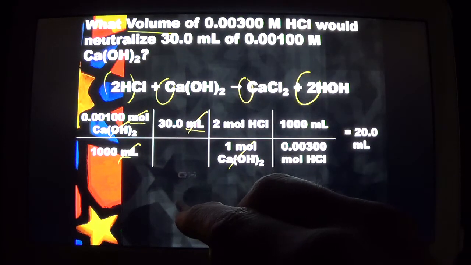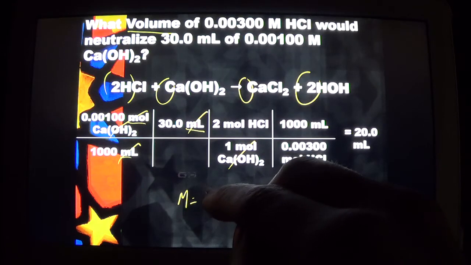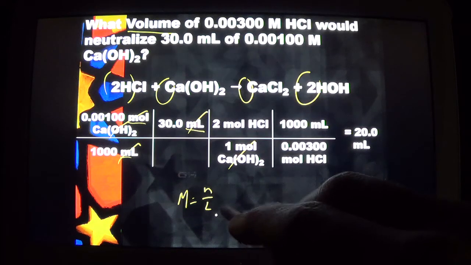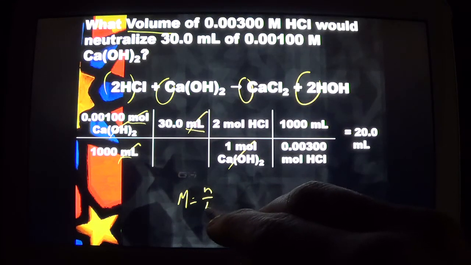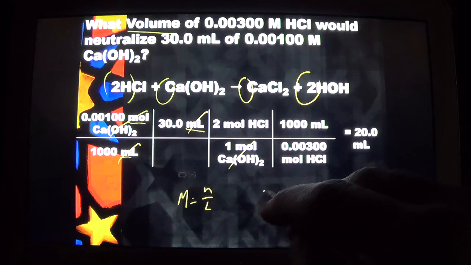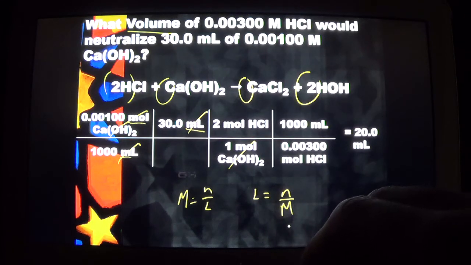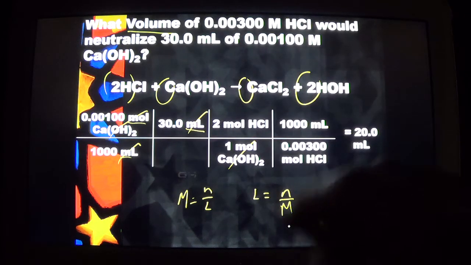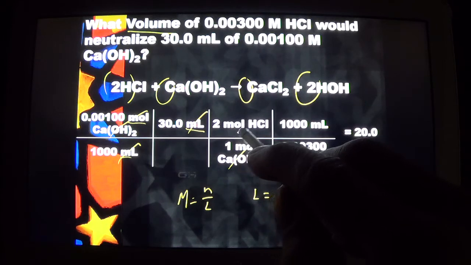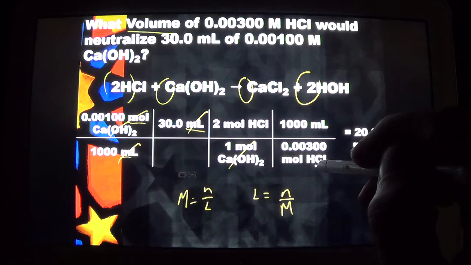If molarity is moles per liter, and I'm looking for the liters, the volume, then the volume is moles divided by molarity. Well, I already have my moles. Here I'm going to divide by my molarity.